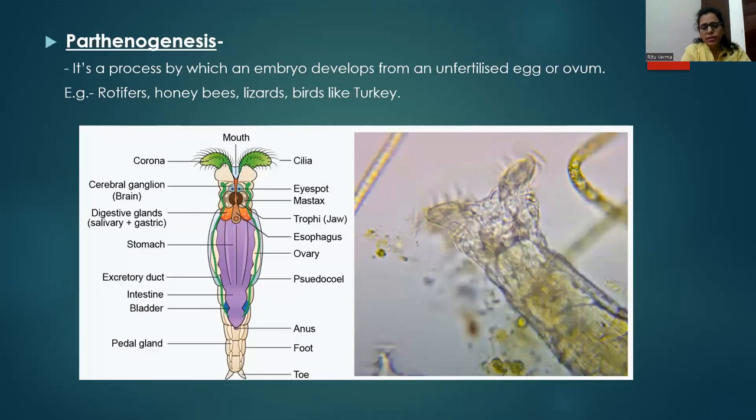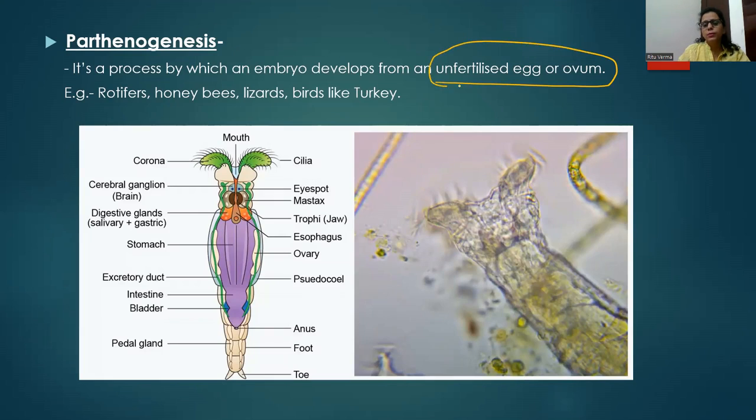And the next process is parthenogenesis. Parthenogenesis is a process in which an embryo develops from an unfertilized egg or ovum. In detail about parthenogenesis, we'll learn in the next chapter.